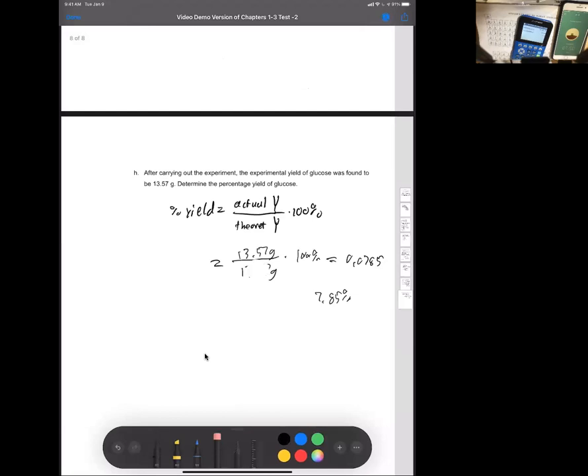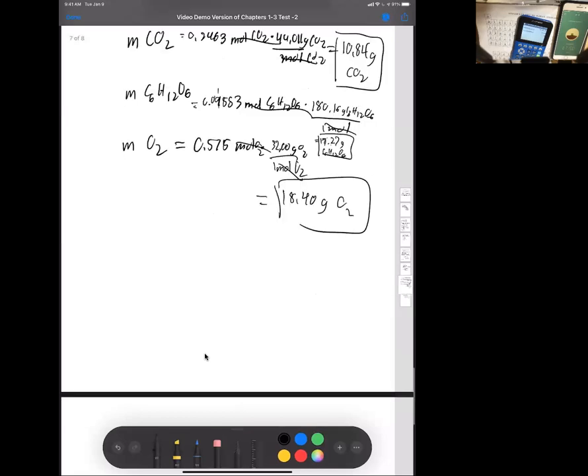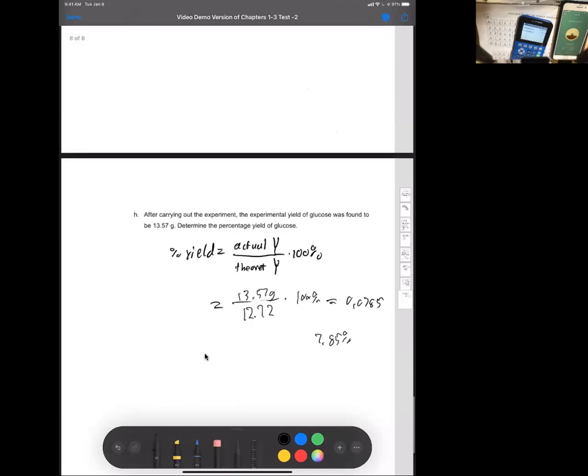So again here, 12.72, 17.27, 17.27, and this is a little bit right. 27.785%, so times 100, and the answer is 78.57%.